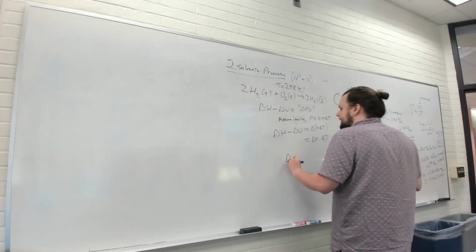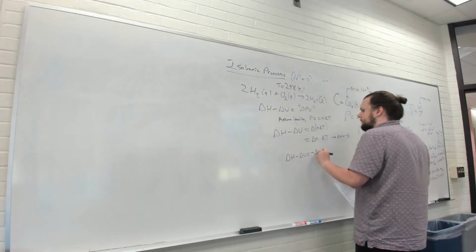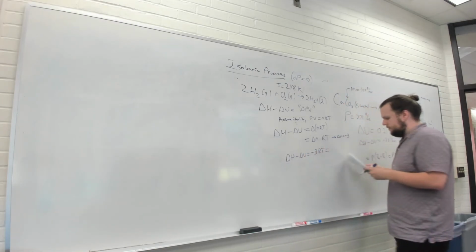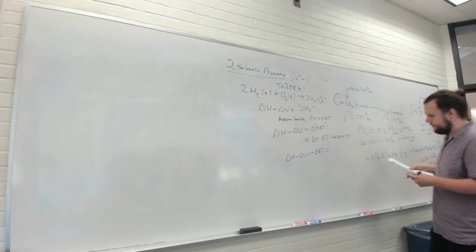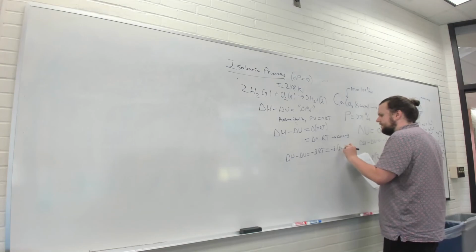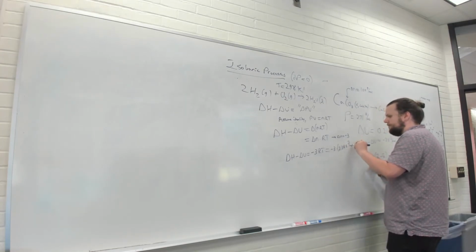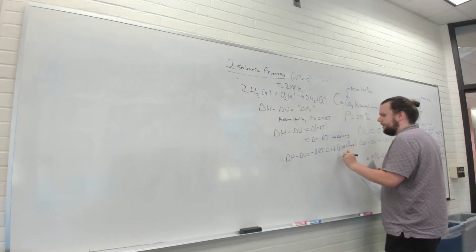So delta H minus delta U is really easy to calculate for a gaseous process like this. It's going to be minus 3 RT. And that ends up being, again, minus 3 times the gas constant, which is 8.3145 joules per mole per Kelvin, times 298 Kelvin.